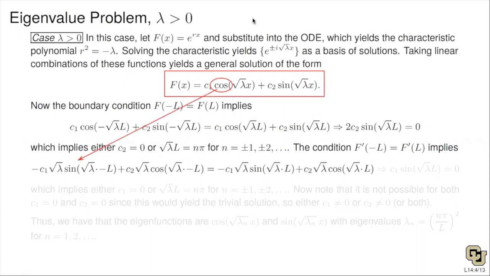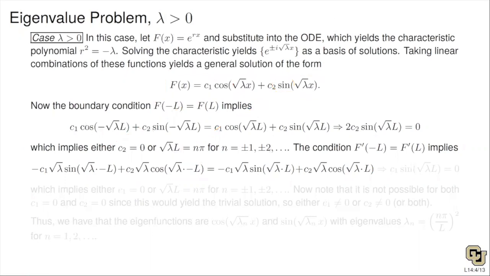And what was a sine before has now become a cosine with that root lambda out in front. That's from taking the derivative. And then we plug in the boundary conditions. So we plug in the minus L part, and then same thing on the other side, except we plug in L.